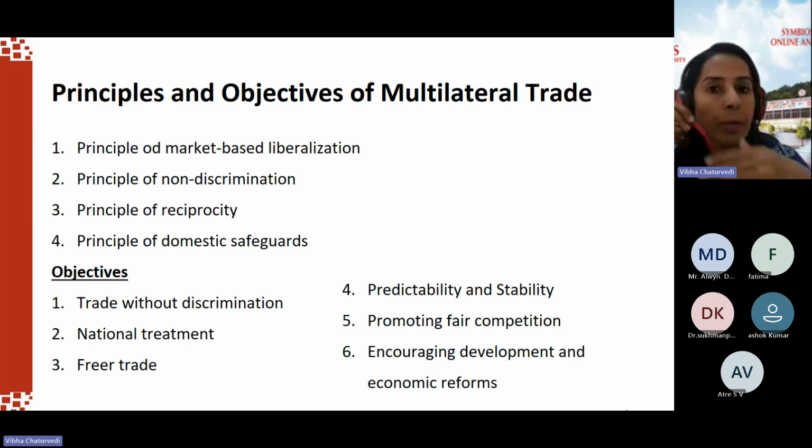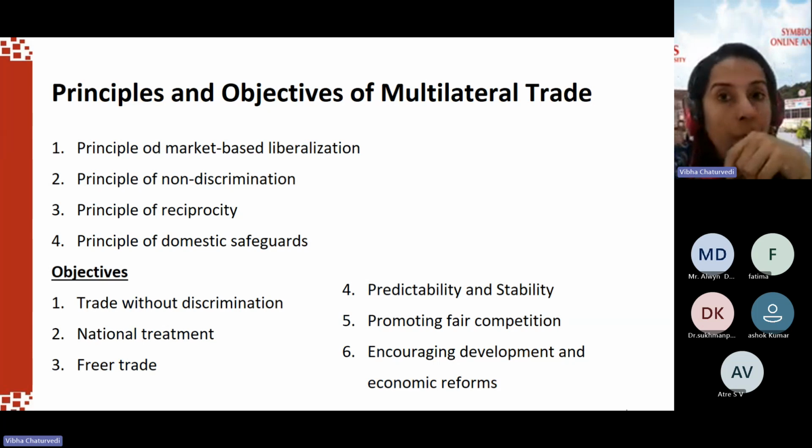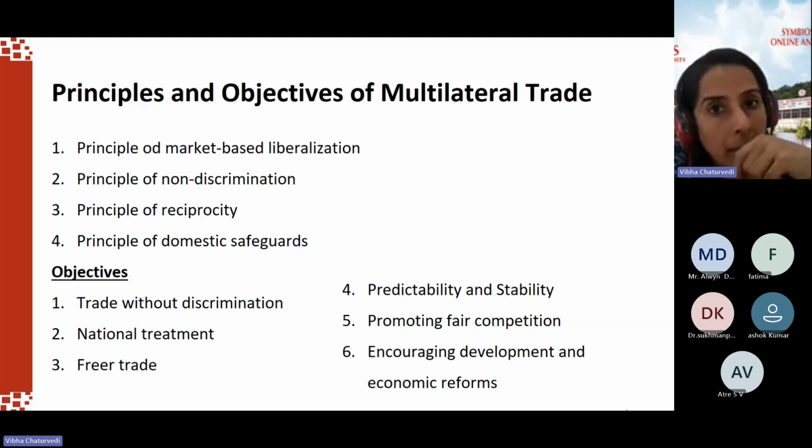According to this principle, there has to be liberalization of international trade, because it raises the standard of living globally, which means that countries which are trading have to facilitate international trade rather than impede it by bringing in very strict regulations and tariffs.